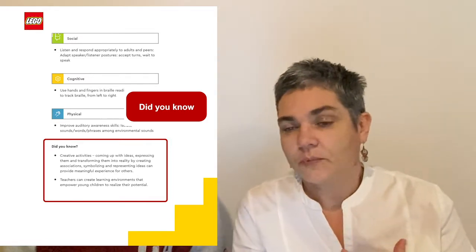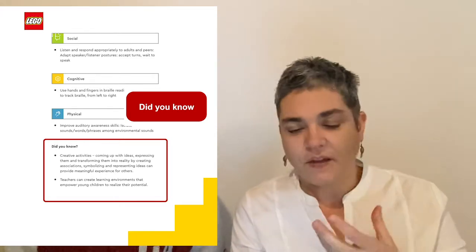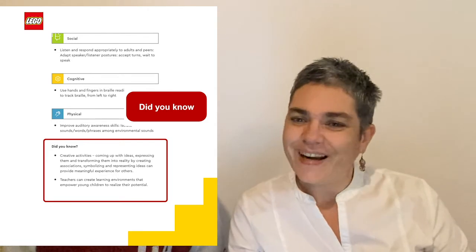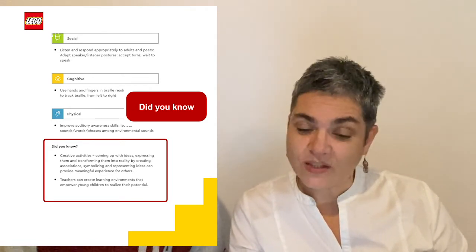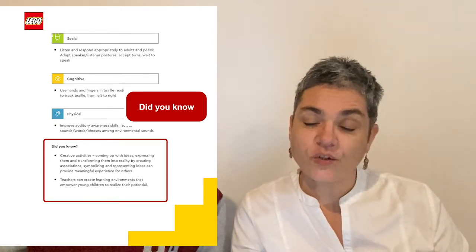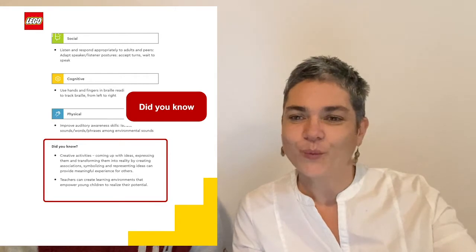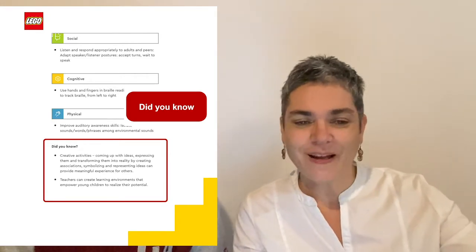Here it is really between the character, the letter, and its sounds and things like that. And the last "Did you know?" is that teachers can create learning environments that empower young children to realize their potential. And that's really something in which we believe.